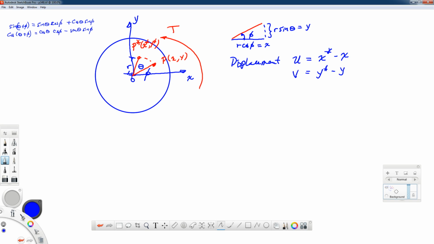And by the same reasoning as what I have in this picture, the u displacement then will be equal to r, which stays constant, times cosine of theta plus phi minus cosine phi, and the v is going to be equal to r times sine of theta plus phi minus sine phi.